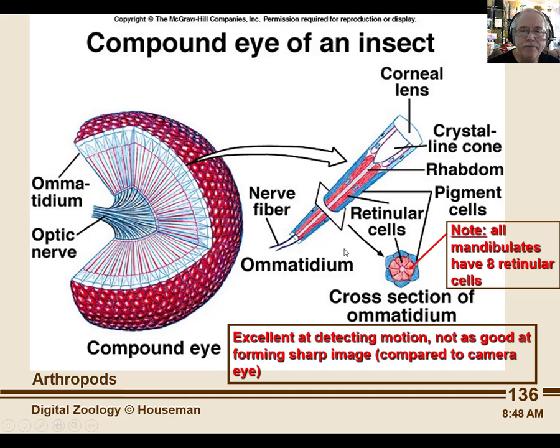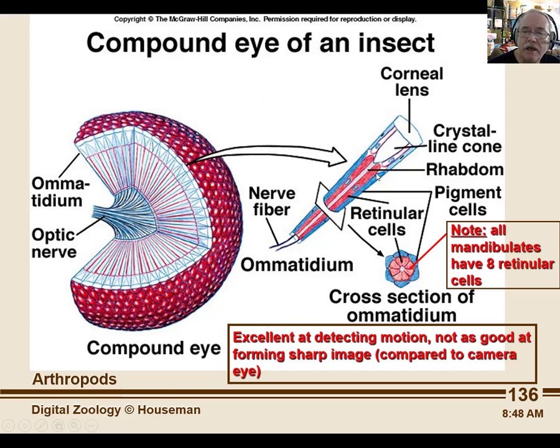Okay. Insects and many arthropods have a compound eye. And here's the compound eye of an insect. Imagine this big spherical eye, which is really made up of many, many little individual eyes, hence the term compound eye. Each individual element here is called an ommatidium and has a corneal lens, which focuses the light down through a crystalline cone area onto these individual cells here in the rhabdome.